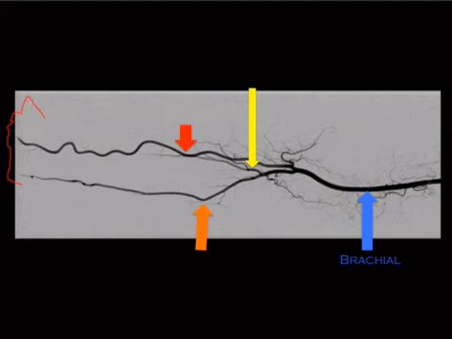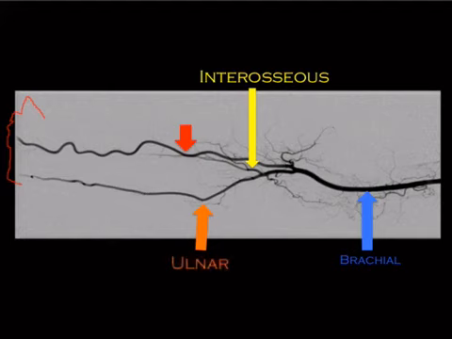Well, which one's which? I can't see the bones. Well, the trick is to find the yellow arrow, the thing with the yellow arrow on it. There won't actually be a yellow arrow. The vessel that the yellow arrow is pointing towards, that is the interosseous, and that usually comes off of the ulnar artery. So if you're having to pick between radial and ulnar, find the interosseous, and that one is going to be your ulnar.